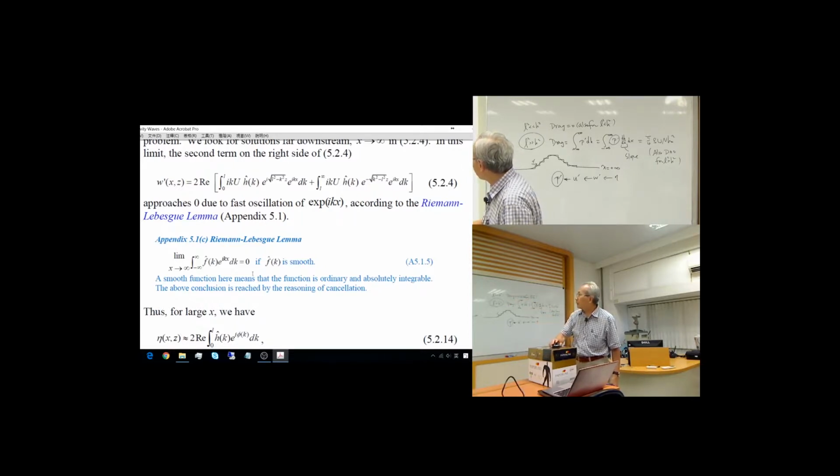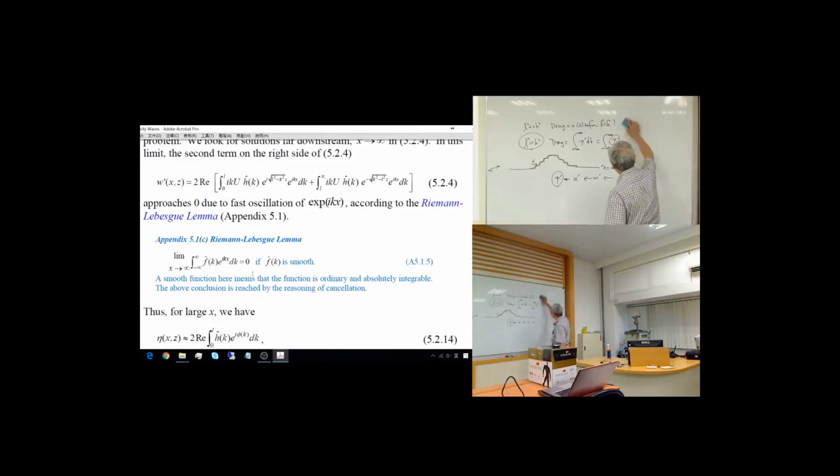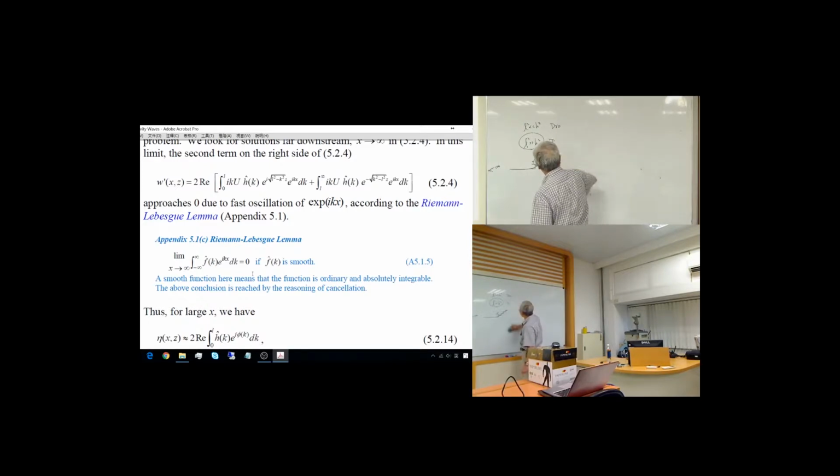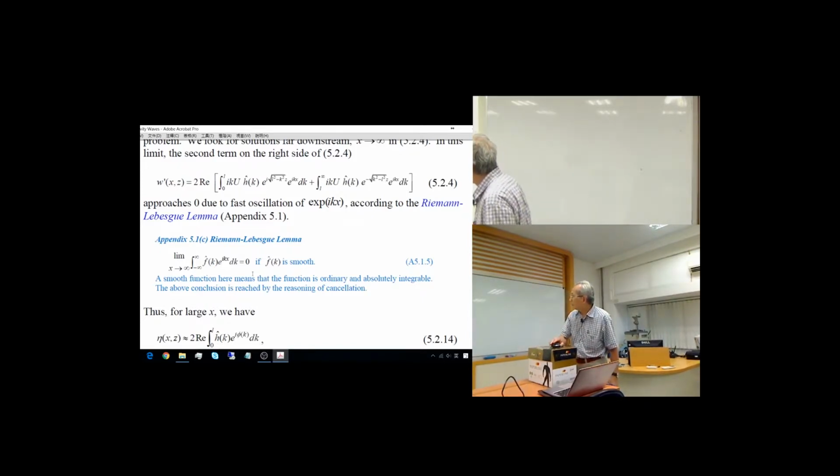What I mean is, this only applies when x is large.